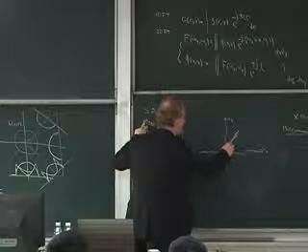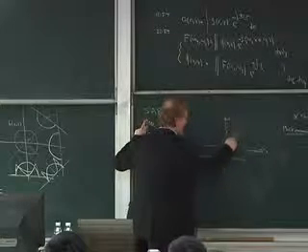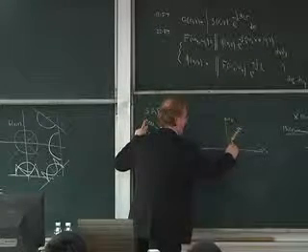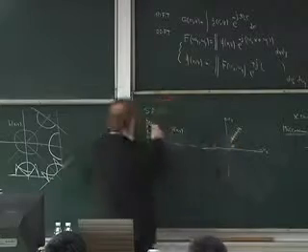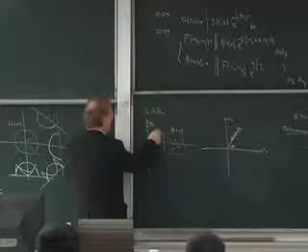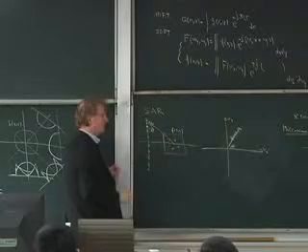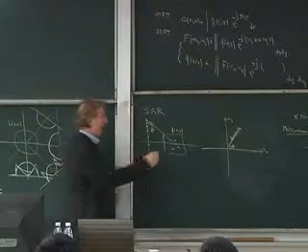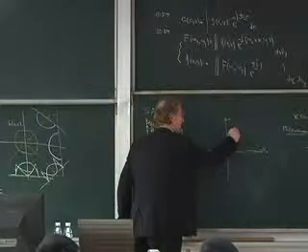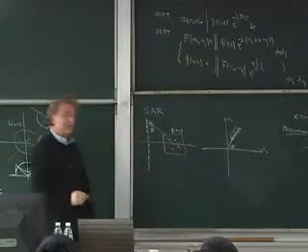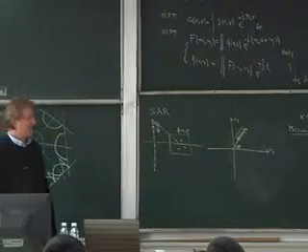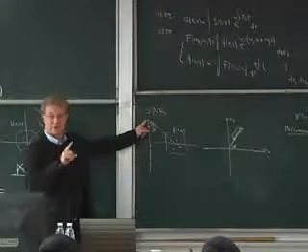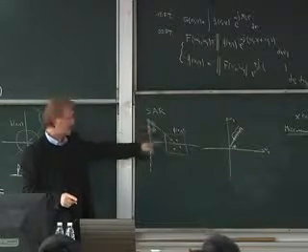This line makes an angle theta with the axis, and this length is related to the bandwidth of the radar signal which has been sent to the scene.